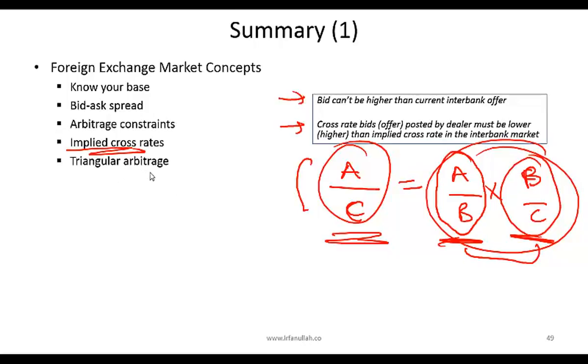Again, the details are in our regular lecture, but remember the buy low, sell high rule. So in whatever scenario the price is low, you buy, and where the price is high, you sell.